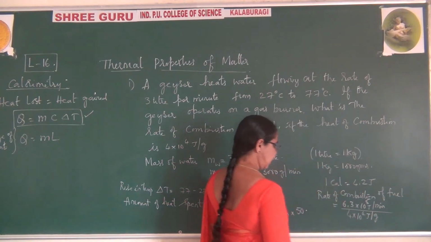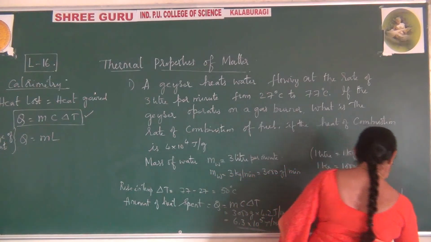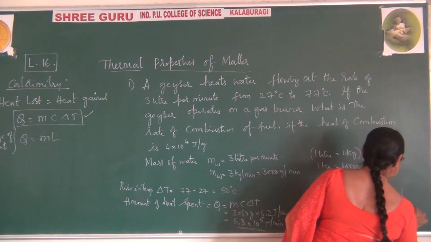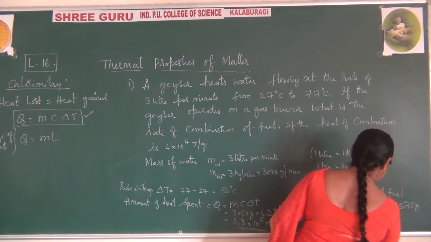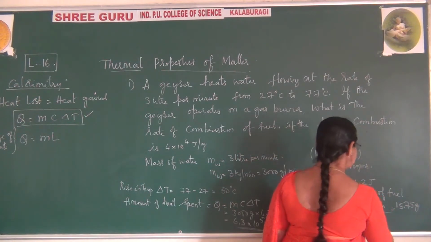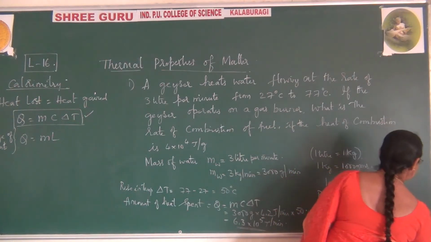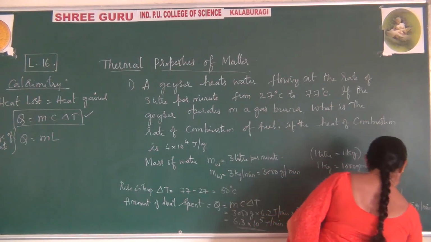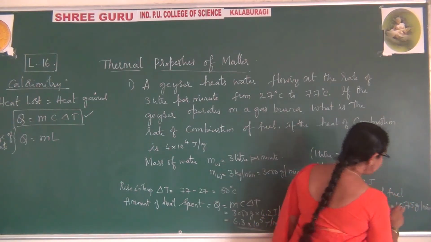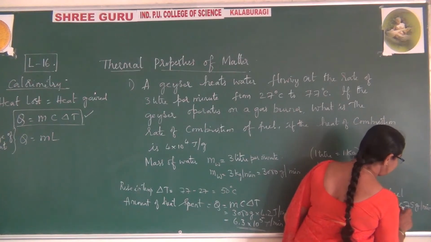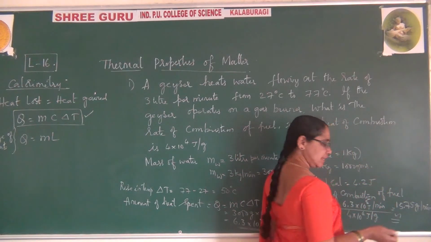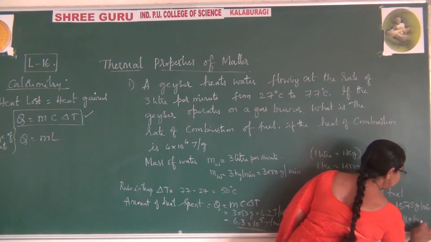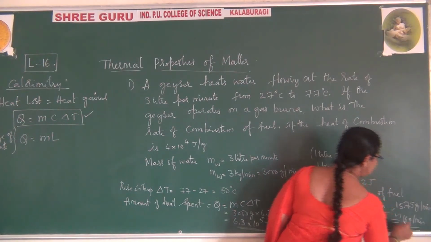If you just divide, you get the value 15.75 grams. This gram will go to the numerator, this minute will come to the denominator, per minute. This can be approximately written as 15.75, which is nearer to 16. So 16 grams per minute. So this is the answer.